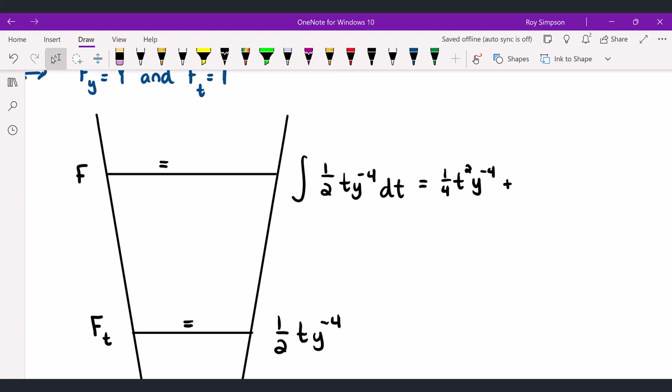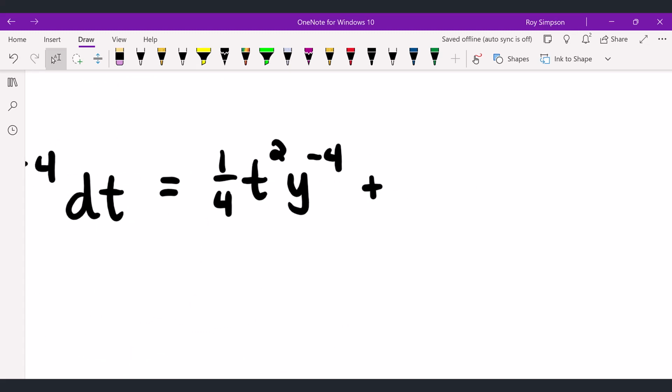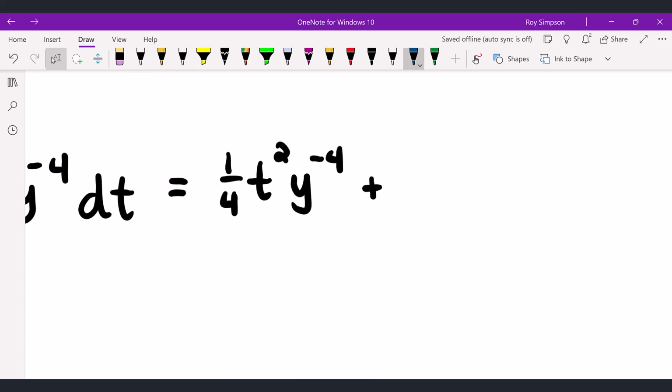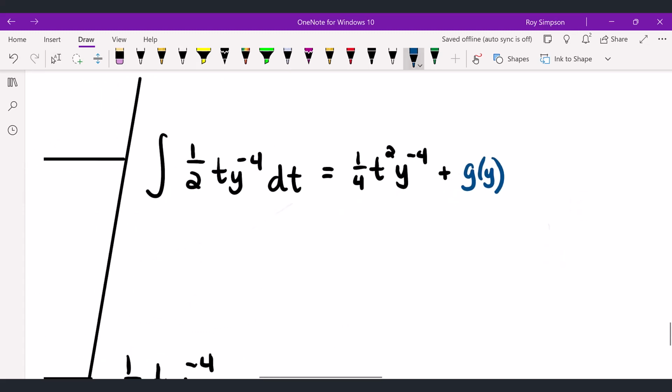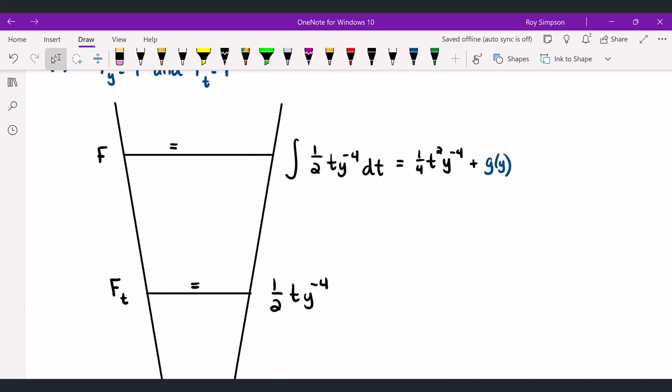But because we held y constant in this process of integration, it could be that our constant of integration is actually some function of y. And so I'm going to write that in here. Again, because we integrated with respect to t and held y as a constant, our constant of integration is likely going to be a function of y. Not necessarily, but likely.